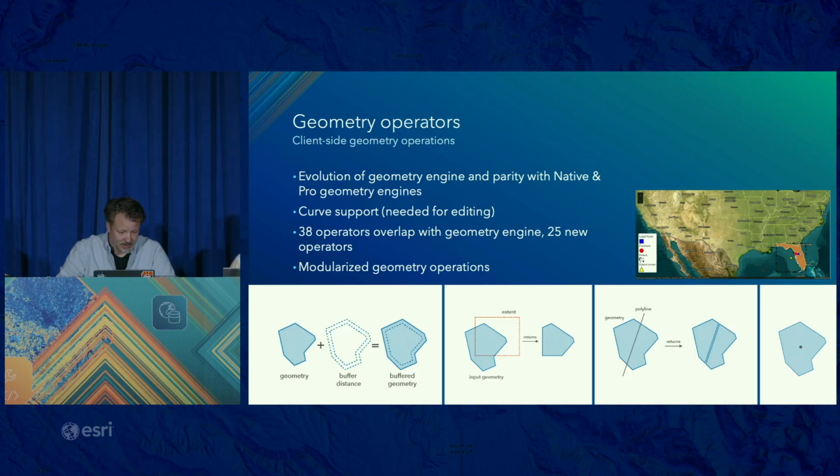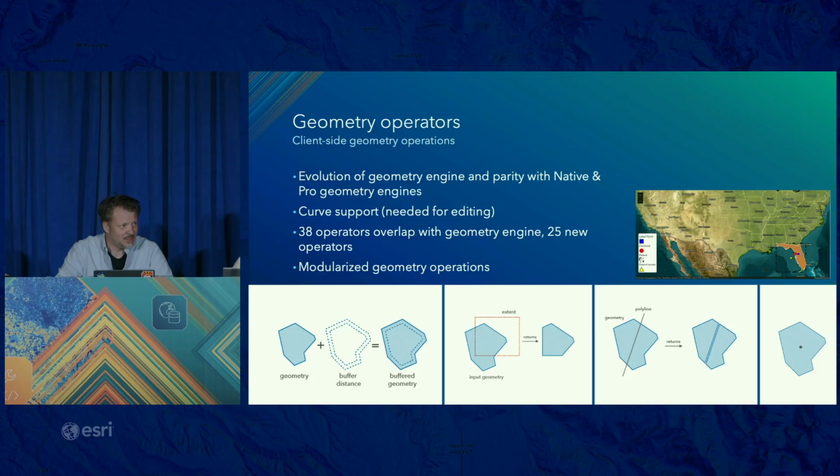On top of that, you have support for curves and then a bunch of new operations. The image here on the right is a bit small, but there are, for example, different geometry operators that you can get from a polygon.